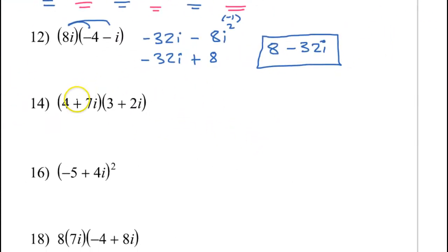Alright, for number 14, when you have a binomial times a binomial, you have to do the distributive property twice. So first I multiply the 4 times everything. 4 times 3 is 12, and 4 times 2i is 8i.